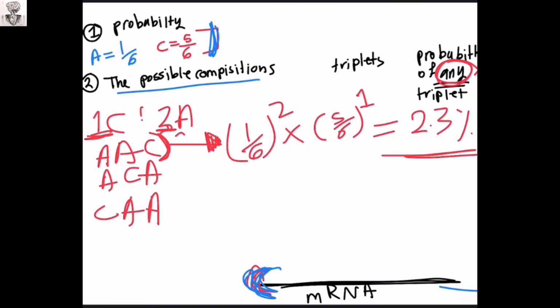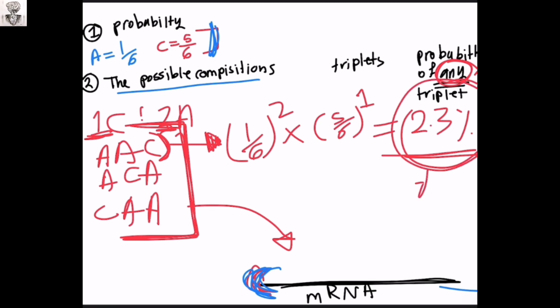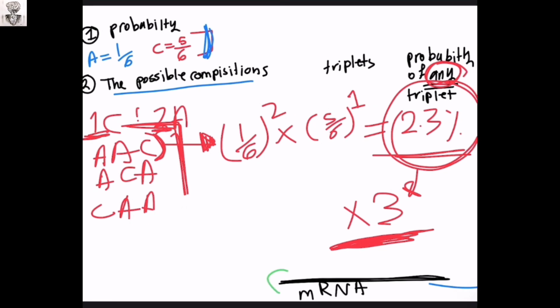I want to say something: we don't actually know which of these triplets is going to be the one coding for our amino acid. So what does that mean? That this probability is going to be multiplied by 3. To make this clear, you know how this mRNA is going to give me an amino acid?